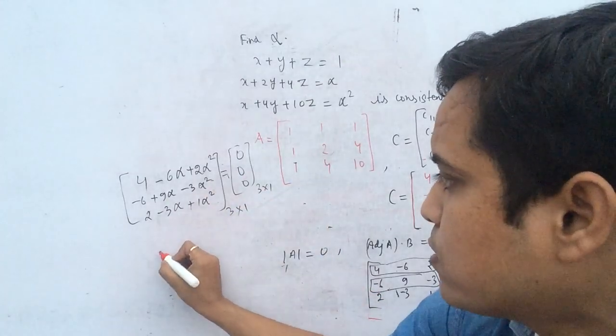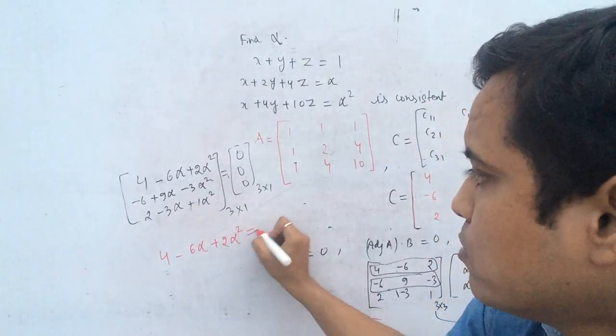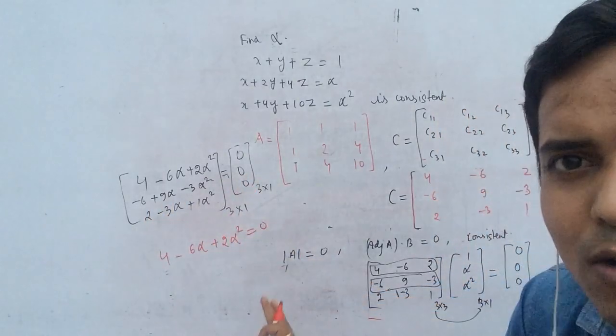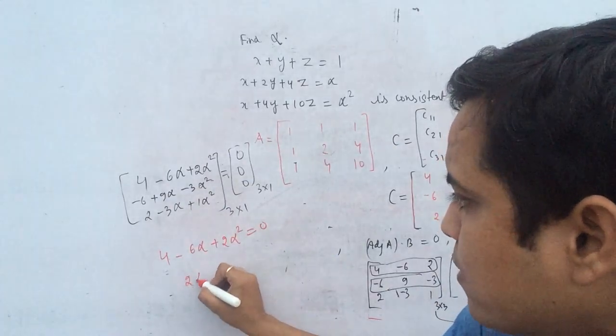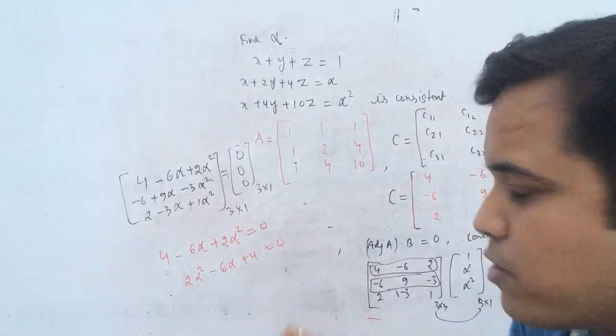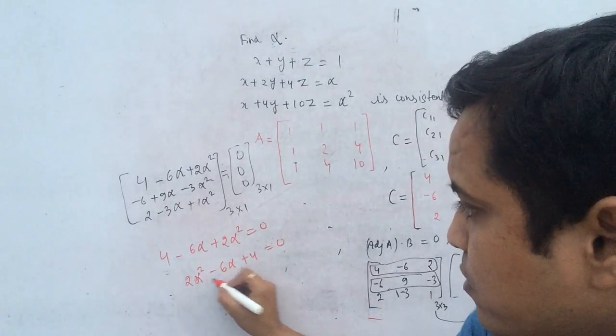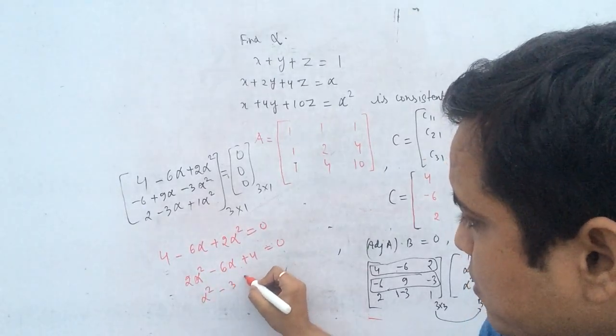So equate only the first. Here 4 minus 6 alpha plus 2 alpha square equals 0. Similarly, all will be 0. Solve only this: 2 alpha square minus 6 alpha plus 4. It is quadratic. Take common, and you get alpha square minus 3 alpha plus 2.